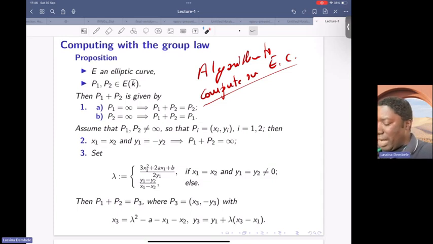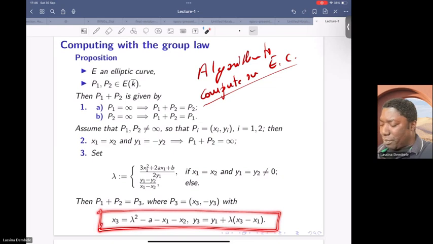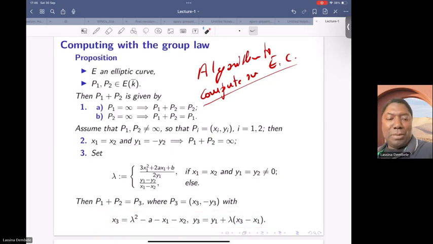In that case, you set lambda to be this quantity. The second is that the 2 points do not have the same x coordinate and they do not have the same y coordinate. In that case, you set lambda to be this ratio. And then, granted this, you can now define what the sum of these points is, and that's given by this formula here. And again, you see these are very explicit formulas that you can use to compute with the group law of your elliptic curve.